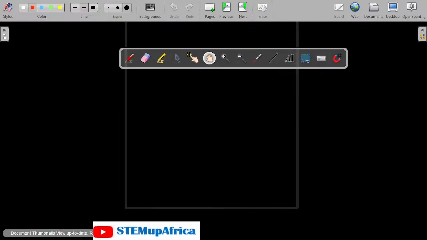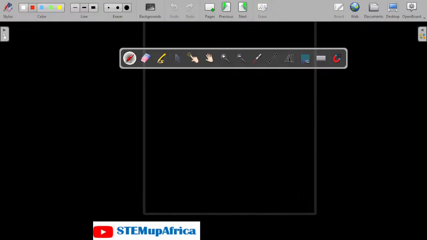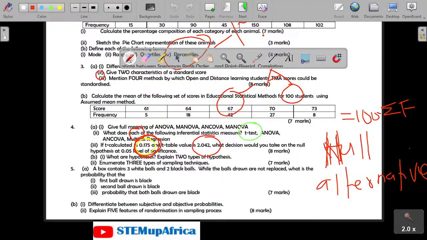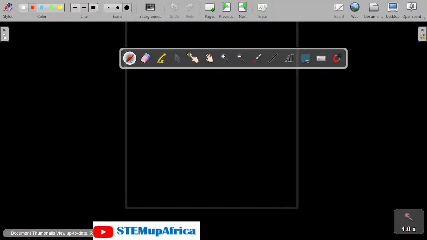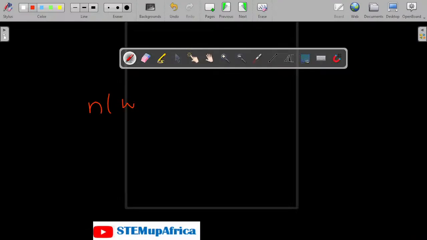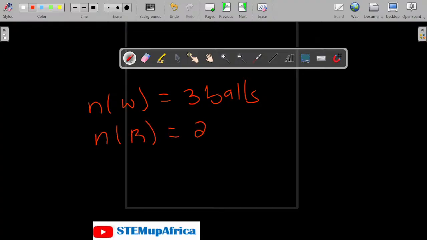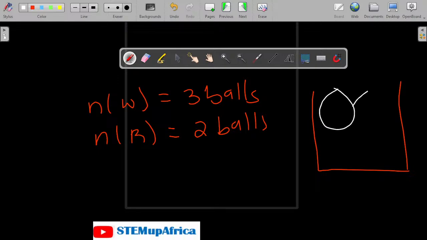Now, I will take into account the number of white balls, which is 3 balls. Then the number of black is 2 balls. So let's assume this is the bag. We have 3 white balls and 2 black balls.